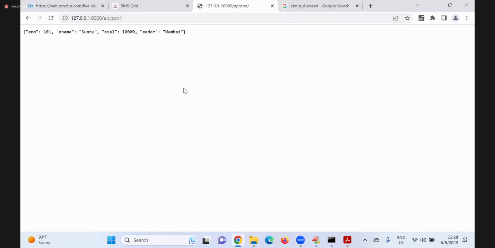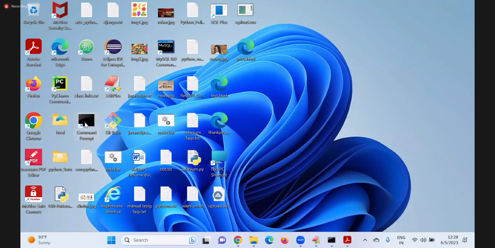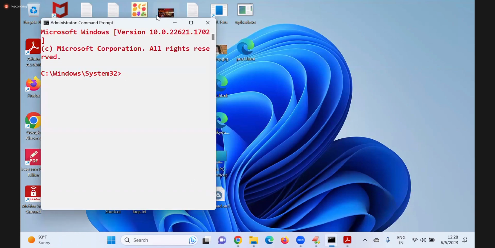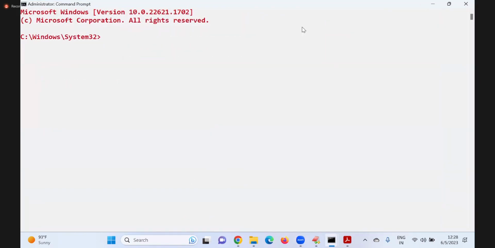Suppose I want to run the same program through Python. Check it carefully. Python program means how to run it: py test.py. Take any Python file, run it, and get the response. Is that application a Django application or not? Yes, but I'm running Python.